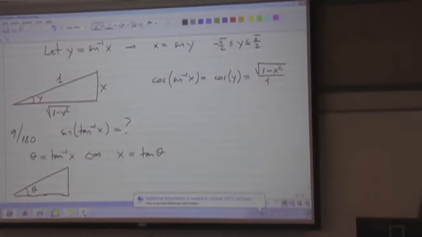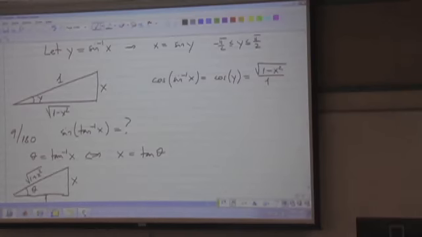SOHCAHTOA. So what does that tell you? That this is x and this is 1? Right? And so the hypotenuse is going to be the square root of 1 plus x squared, or x squared plus 1.